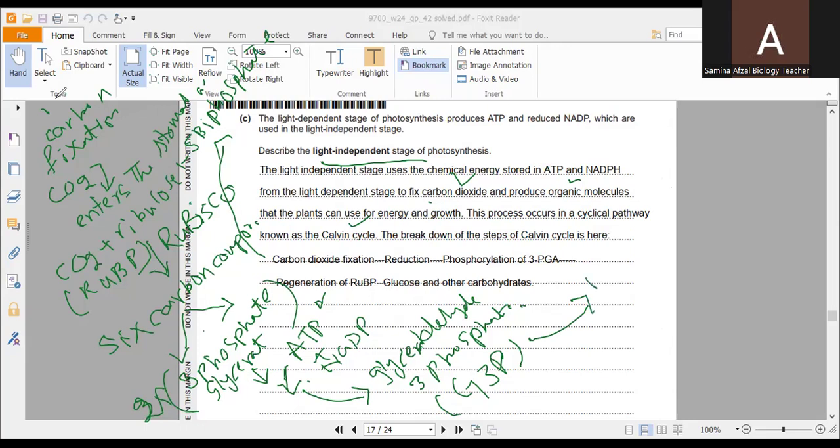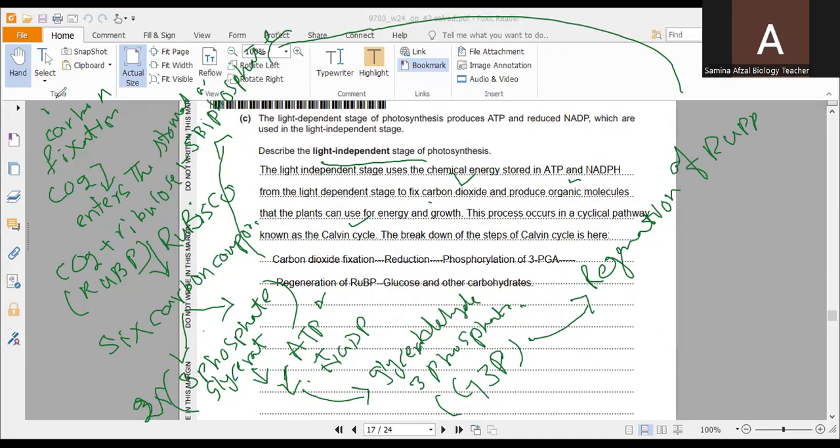Then there will be the regeneration of RuBP. In this way, this whole process takes place in the form of a cycle.